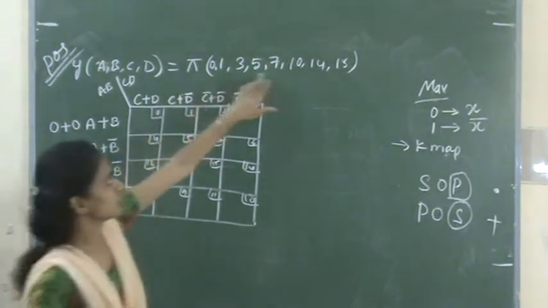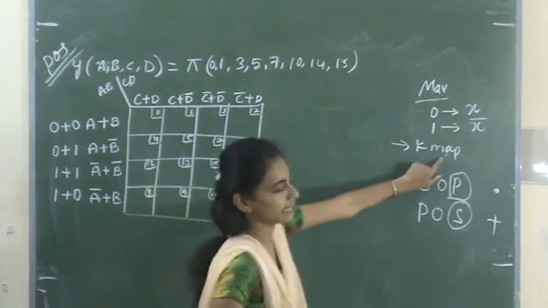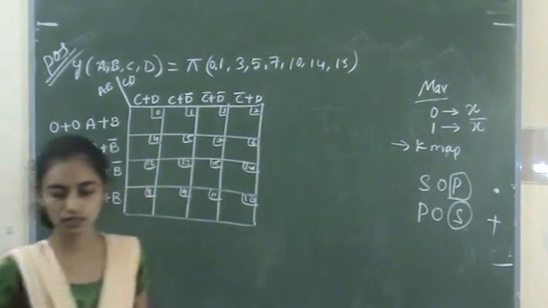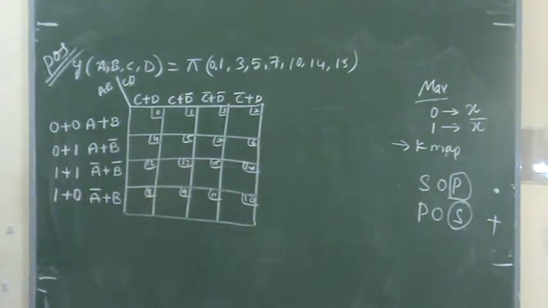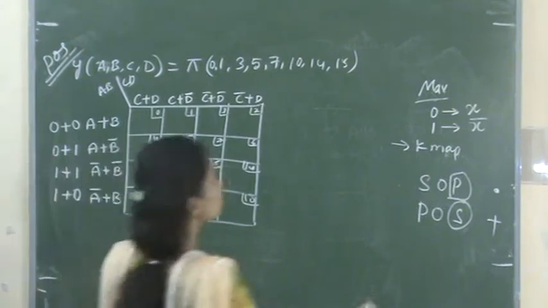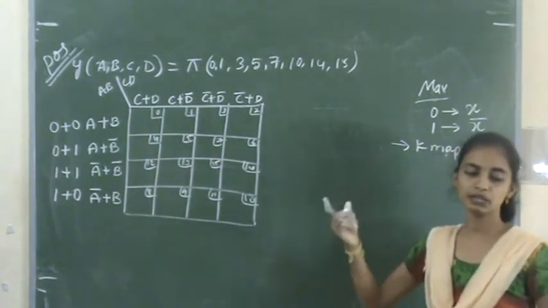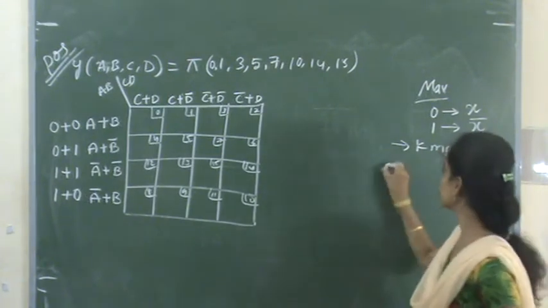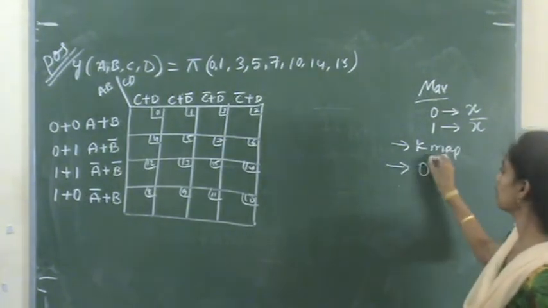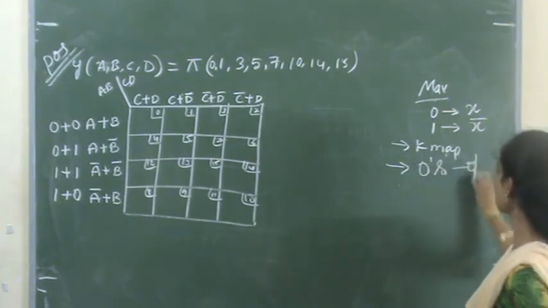So after writing a K-map, what is the next step? The next step is we have to enter the ones. Where do I have to enter the ones? In SOP we enter the ones. In POS we have to enter the zeros for the output.